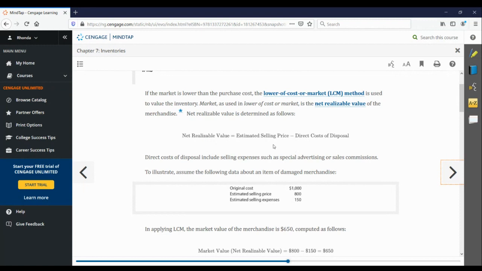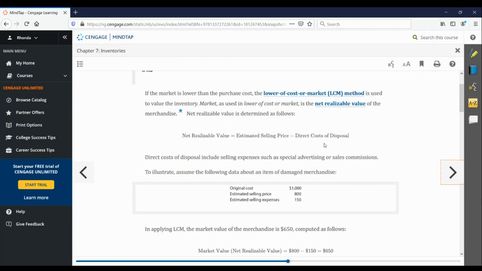So we're going to determine the estimated selling price, and then we're going to look at the direct cost of disposal. If we've got some items of inventory where the cost or the replacement of that inventory has fallen below the original cost of the inventory, we might have to actually increase our advertising cost in order to get that inventory to sell. Those special advertising costs would be considered your direct cost of disposal.